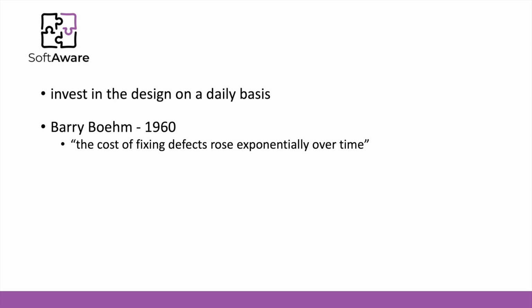In 1960, Barry Boehm stated something similar: the cost of fixing defects rose exponentially over time. And this applies to basically everything we do in software engineering. Because if you introduce a defect or a bug, you don't do it on purpose.